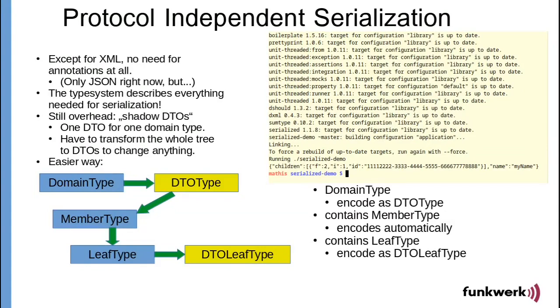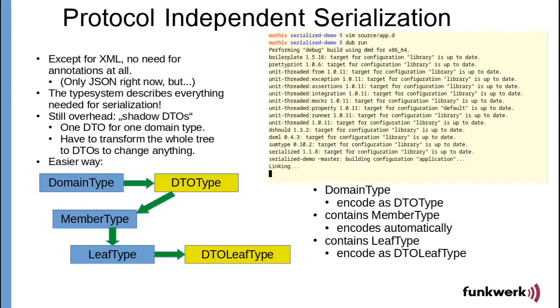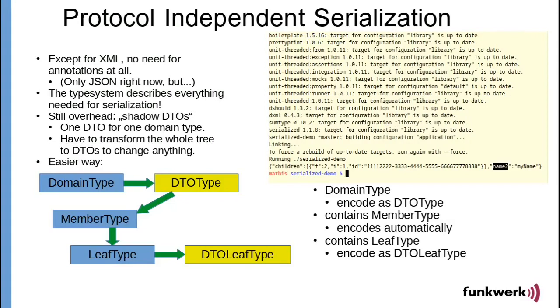We just introduced one domain type, and I'm actually going to change the name field in the type just to demonstrate that this is working. And it comes out correctly, right?